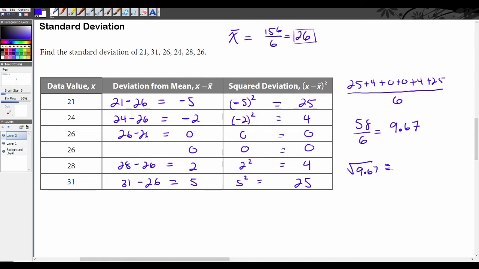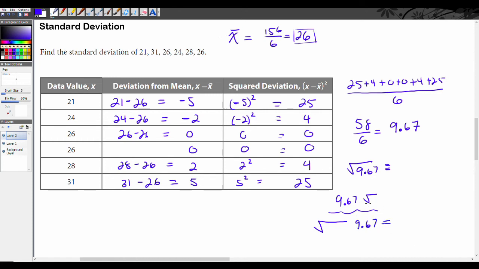On your calculator, depending on which calculator you have, the way you find the square root might be to punch in the number 9.67 and then hit the square root key and it'll give you the answer. Or you might have to punch in the square root or radical key, then the number, then hit the equal sign.